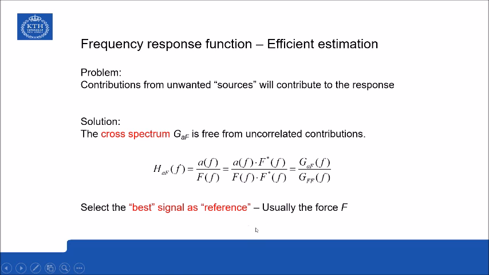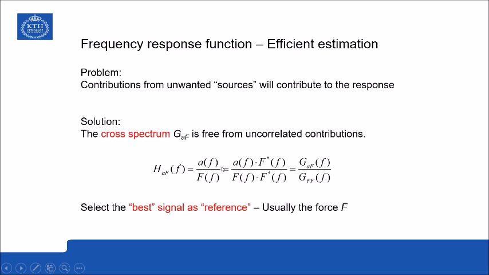So, usually, or often, if not to say always, what one should do is to try to select the best possible signal as the reference signal, as a source signal. So, in our case, in experimental structure dynamics, since you have full control over the force signal, if you use an impact hammer, then you can simply hit harder. If you use a shaker, then you have full control over the exciting force via the coil current that you input to the shaker.